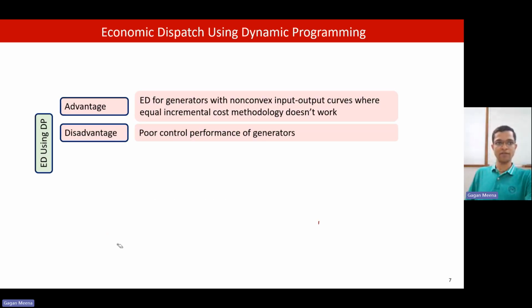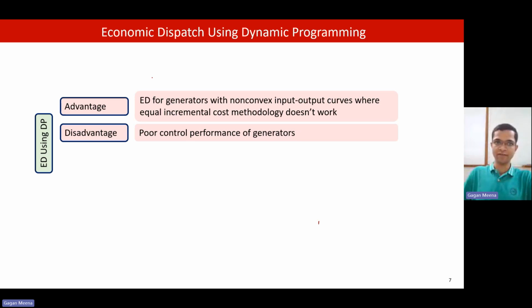What is the advantage of using dynamic programming for solving economic dispatch? We have seen different methods, right? Why do we need to go for dynamic programming? All these methods, like equal incremental cost, use the lambda iteration method, which uses this principle of equal incremental cost.